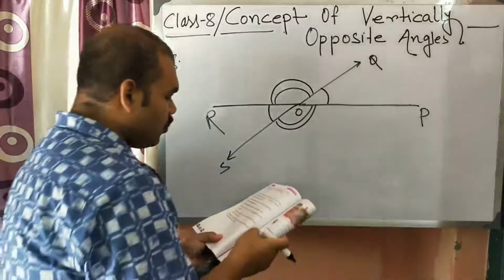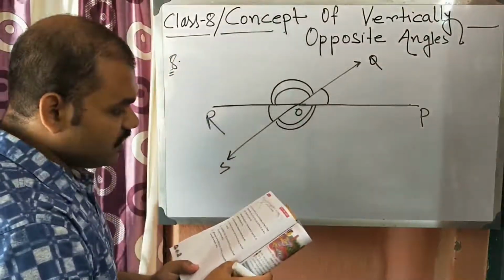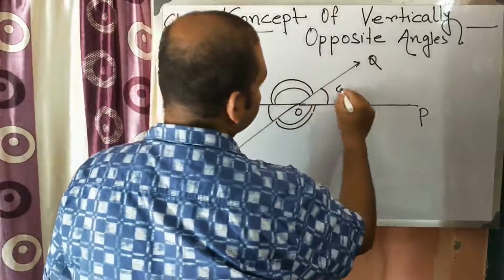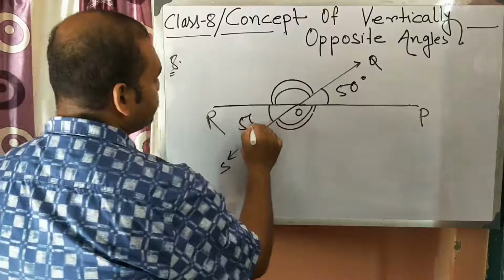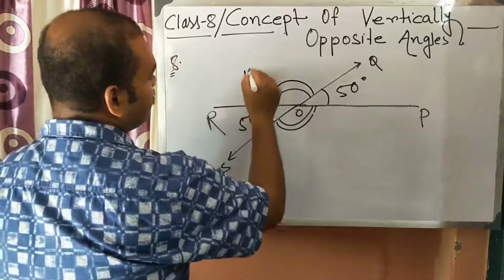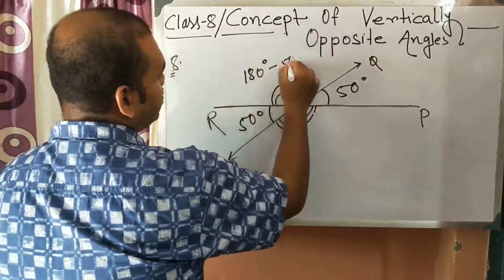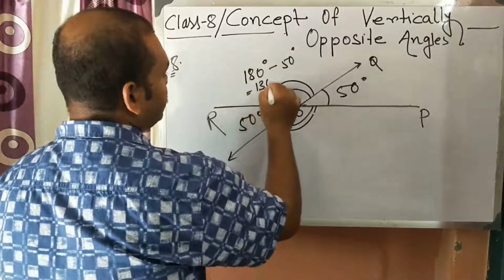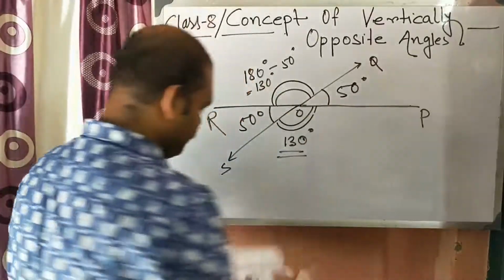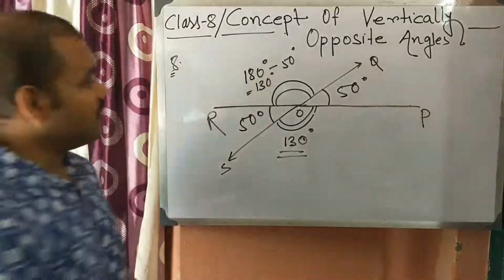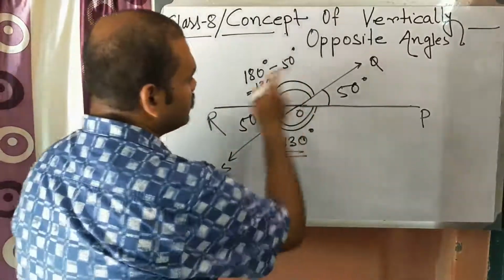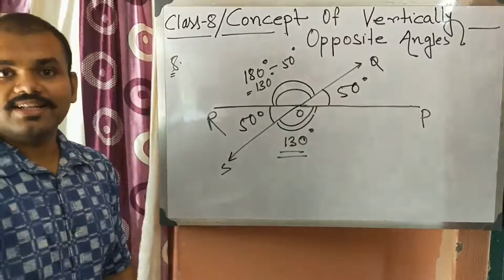So if POQ is equal to 50 degrees, then this will also be 50 degrees, and the total sum is 180 degrees, so this is 180 degrees minus 50 degrees, that is 130 degrees, so this will also be 130 degrees. So this is how we can easily prove or find out the values of all the angles given.